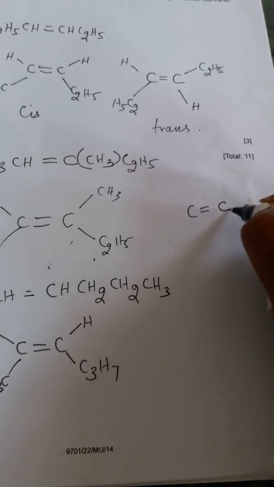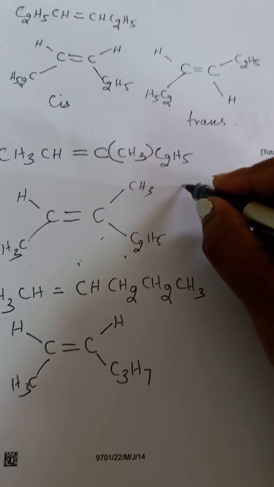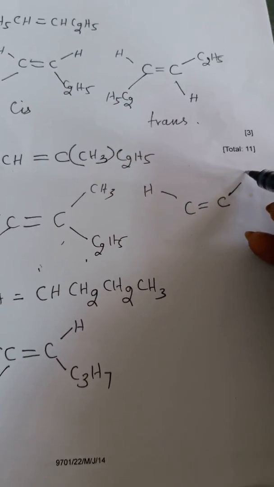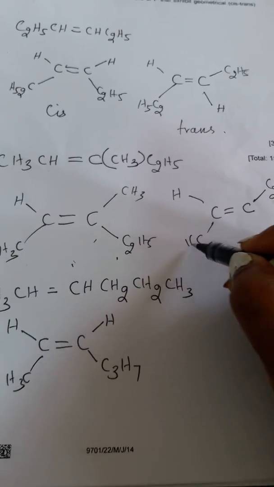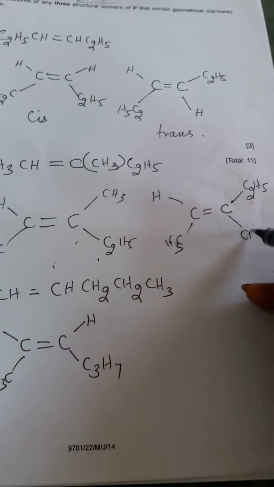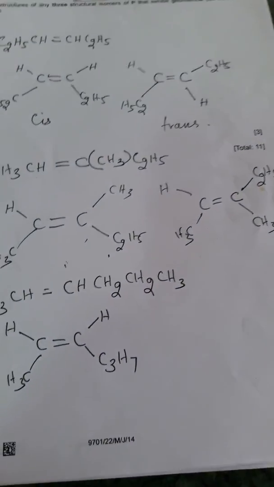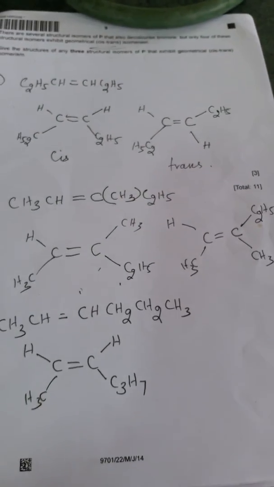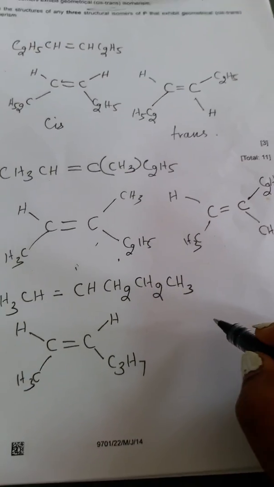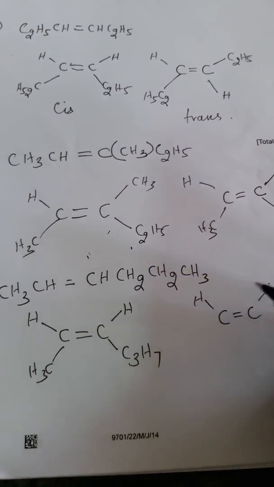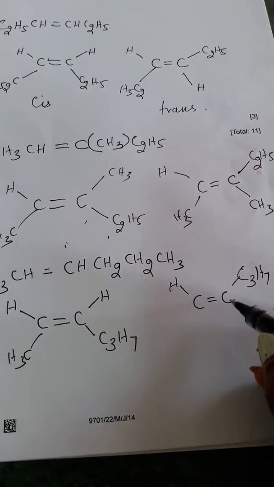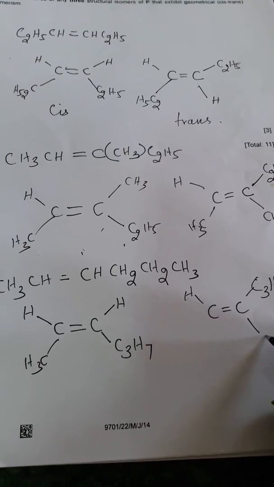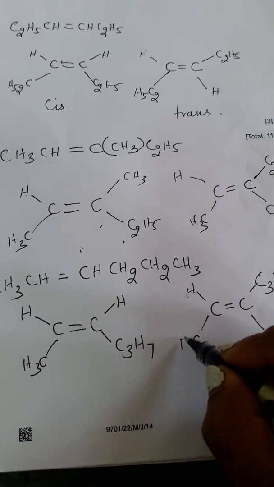Trans C double bond C. If it is H over here, and here the complex one C2H5, and here CH3. So these 3 examples give you the cis and trans structures. Okay, so if you write H, the simpler one, over here, you can write propyl over here. Okay, propyl. And here hydrogen and here methyl.